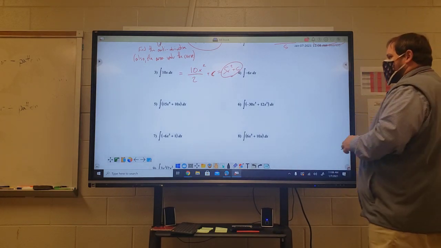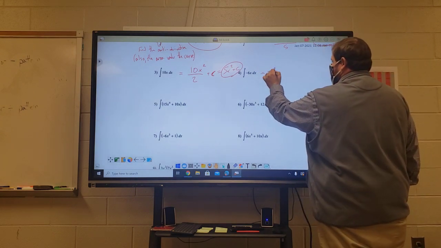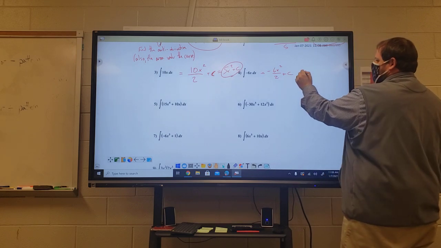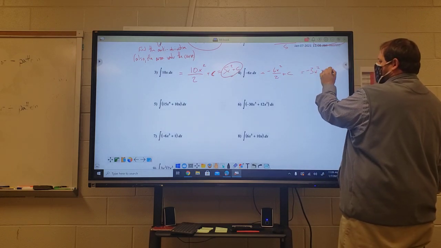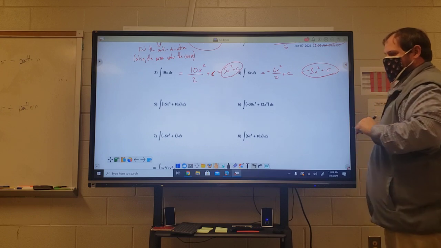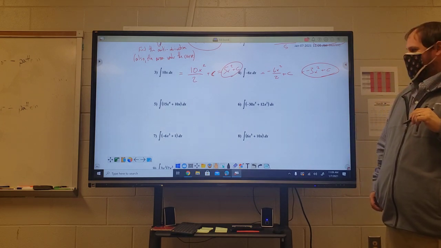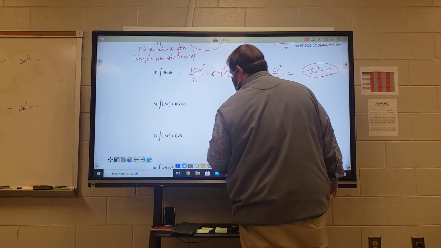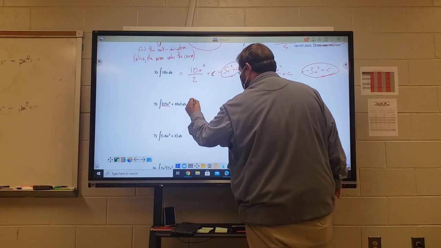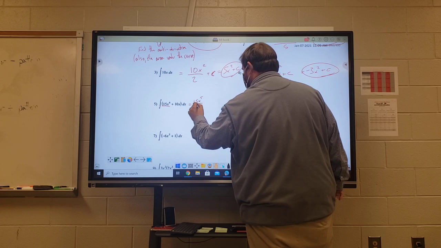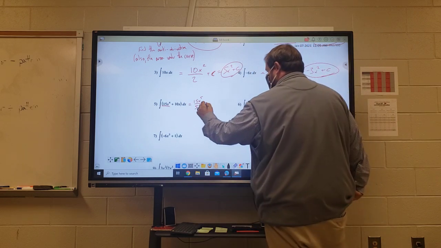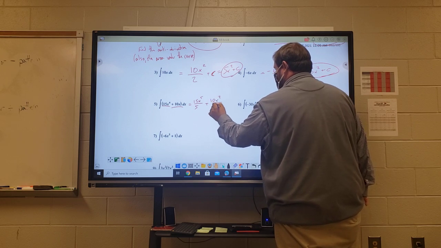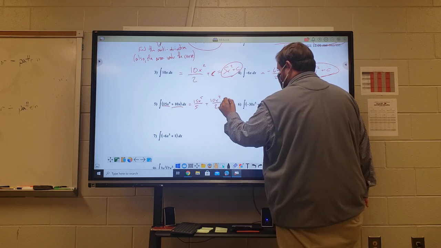All right. So number 4, we raise the power and divide, so negative 6x to the second divided by 2. That's going to simplify to negative 3x squared plus c. What does this first part become? 15x to the 4th becomes 15x to the 5th, divided by 5, plus the 10x becomes 10x squared over 2, plus c.